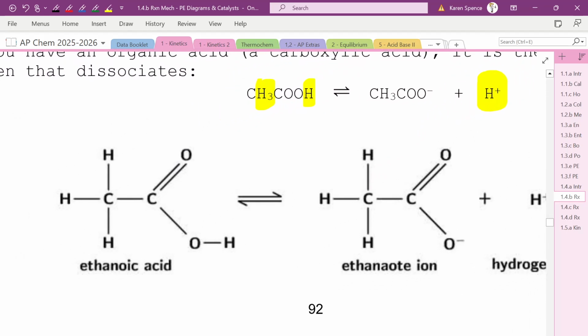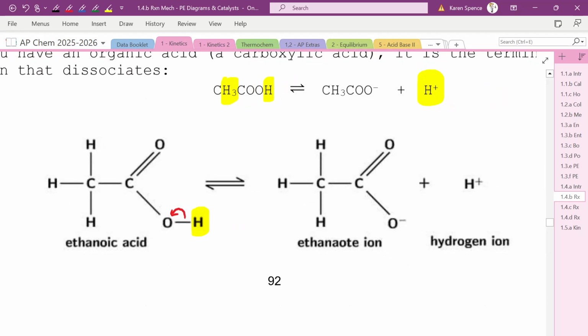Can you think why this hydrogen here would be more likely to lose its electrons and say, okay, oxygen, you take those electrons. And it becomes H plus, right? It comes off as H plus. And the oxygen, instead of having just 2 lone pairs, now has 3 lone pairs.